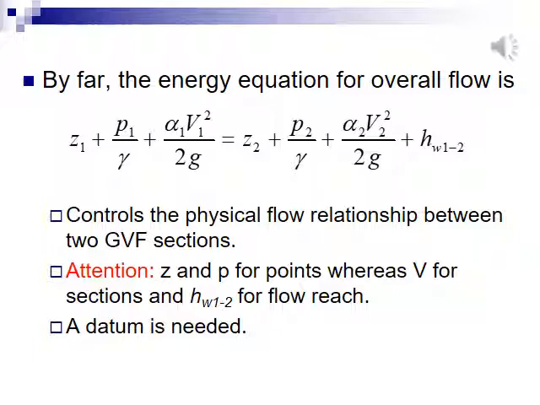We need to pay attention to the 3 points listed here. Number 1, it controls the physical flow relationship between two GVF sections. Number 2, in the equation, Z and P are for points, V is for sections, and hw1-2 is for the flow reach.